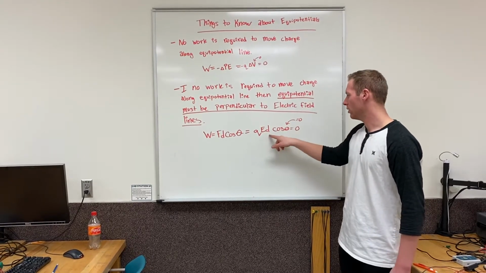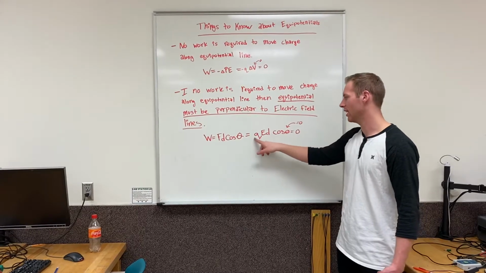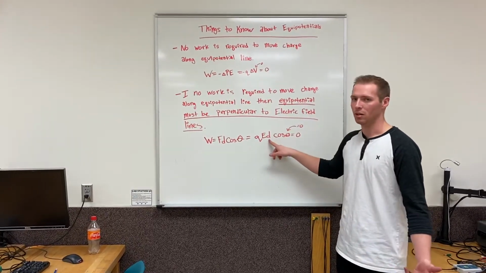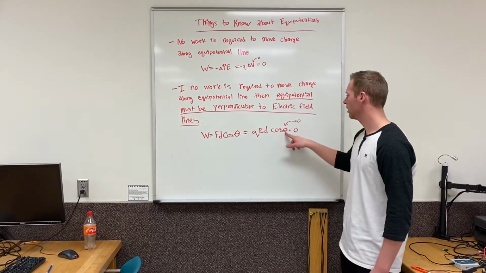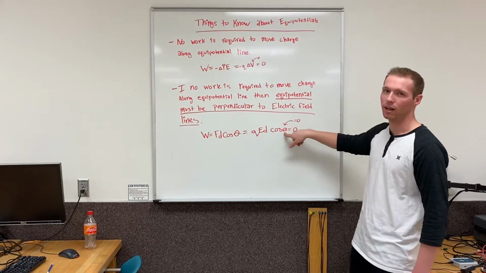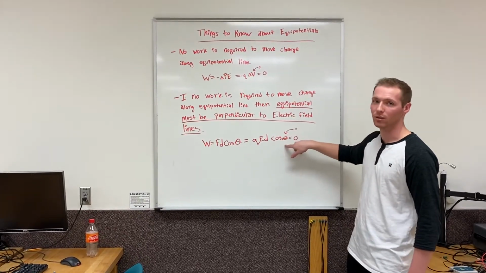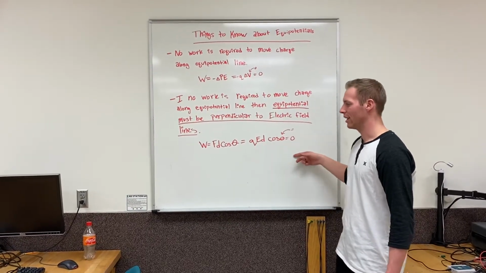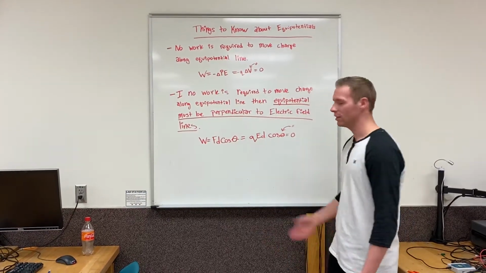We know we're going to have a charge, a field because of that, and some distance away from the charge. But that means that theta would have to be 90 degrees, which makes the cosine 0, which would also mean that work is 0. So that's a little description.